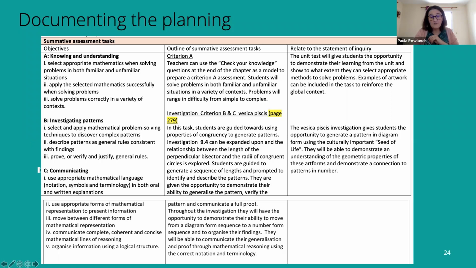We find that's really quite important when we're planning our lessons. We'll look at that summative assessment and really make sure it's meeting these criteria. And then in this section here, you can see I've described how that summative assessment is related to my summative inquiry. So I'm just making sure it's all still interconnected there.